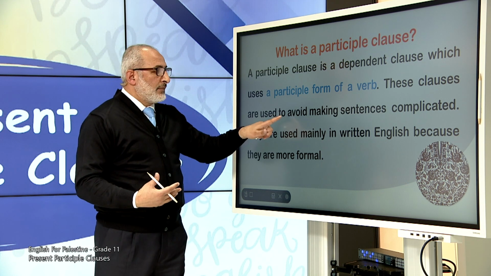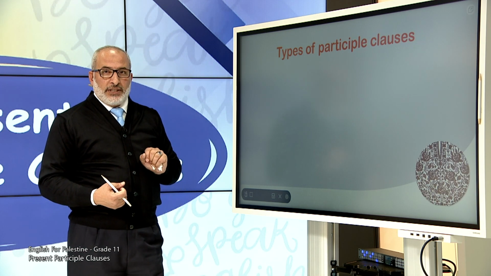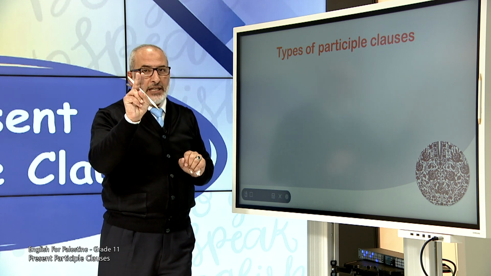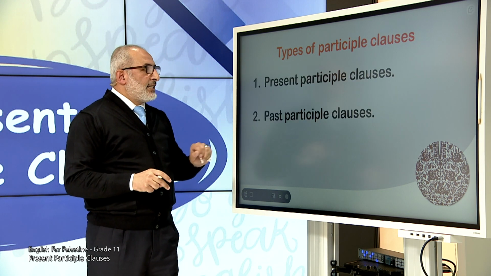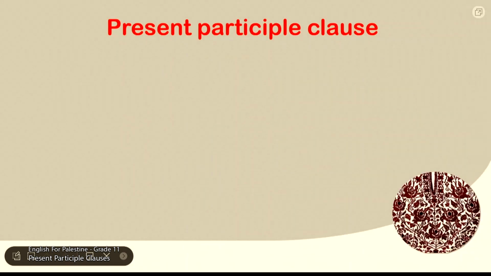What are the types of participle clauses? Actually, there are two types. The first one is present participle clauses, or what we call the ing phrase, and the past participle clauses. Our lesson today is about the present participle clause.